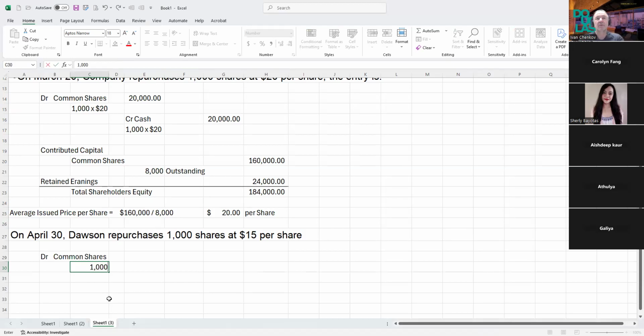And those shares are sitting in our books at $20 per share. So what's the value of the common shares that we're repurchasing? 1,000 times $20 per share, 20,000. Correct?